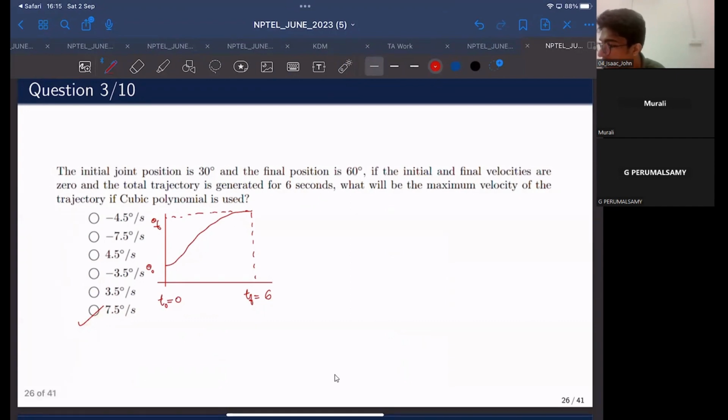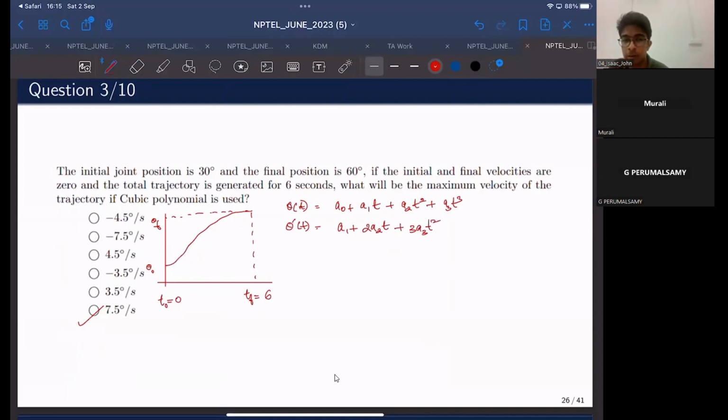So we have this trajectory theta of t to be a0 plus a1 t plus a2 t square plus a3 t cube. And the derivative, theta dot of t, is a1 plus 2 a2 t plus 3 a3 t square.